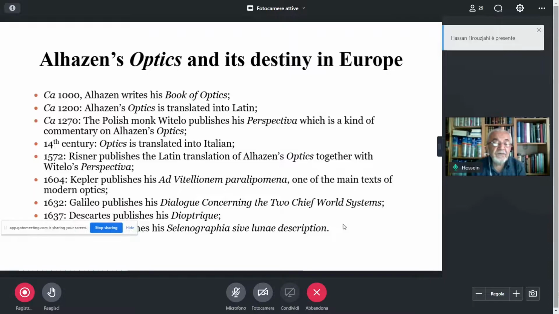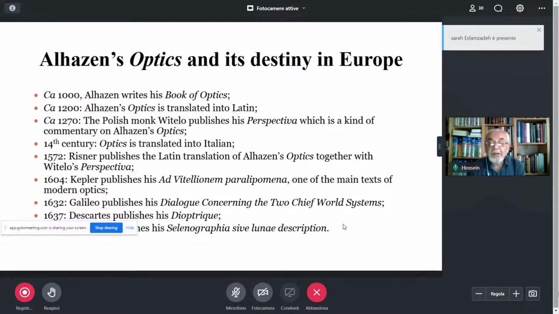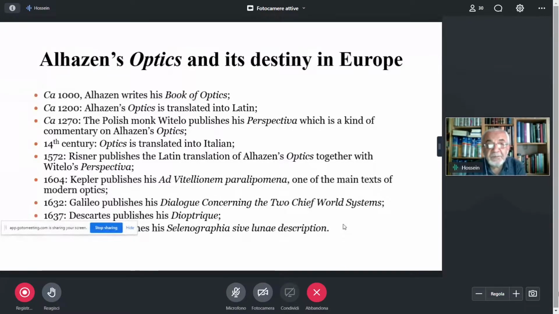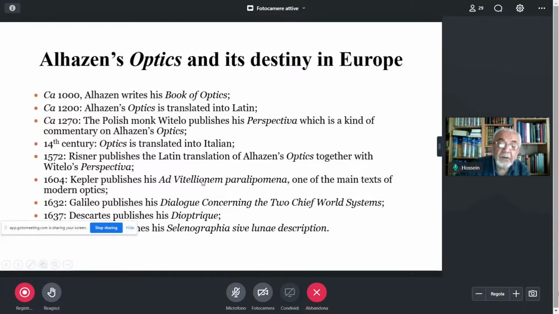And in 1604, Kepler, the famous Kepler, published a book which is called Ad Vitellionem Paralipomena, which is one of the main texts of modern optics. As its name shows, it was some remarks about the book of Vitello, which was himself a kind of commentary on Ibn al-Haytham's Optics.